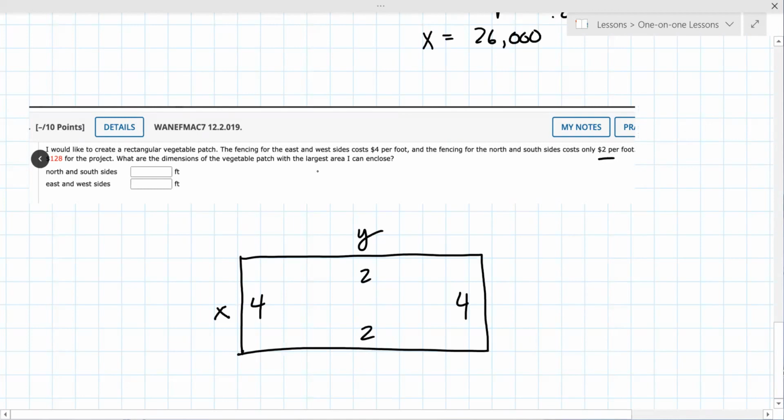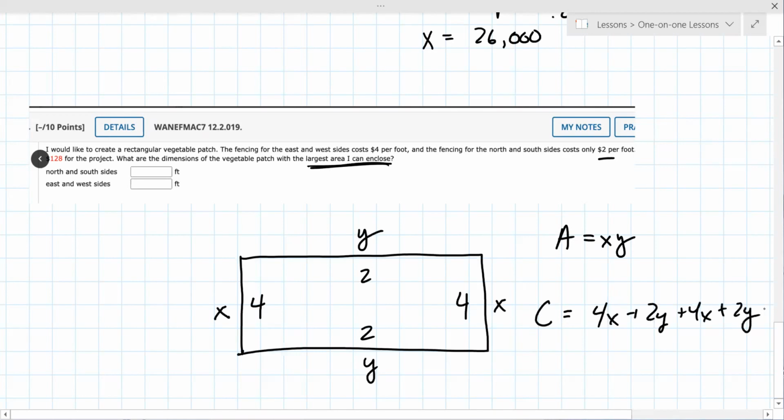We want to maximize the area. So area is XY. This is a lot like the previous problem. Now, instead of perimeter, it's cost. So the cost is each side times the value. So it's like 4x plus 2y, so that's these two, then plus 4x plus 2y.